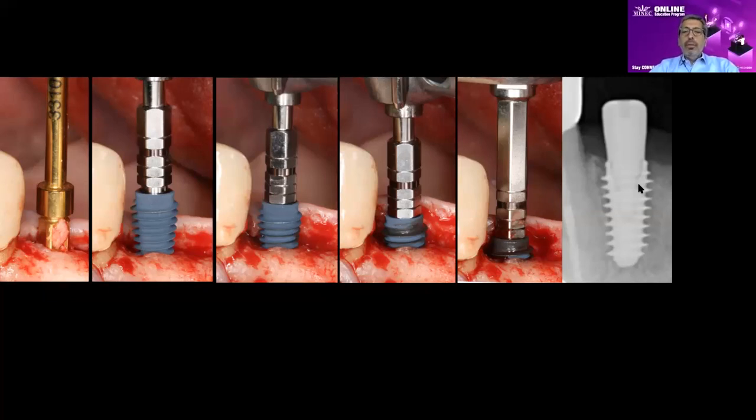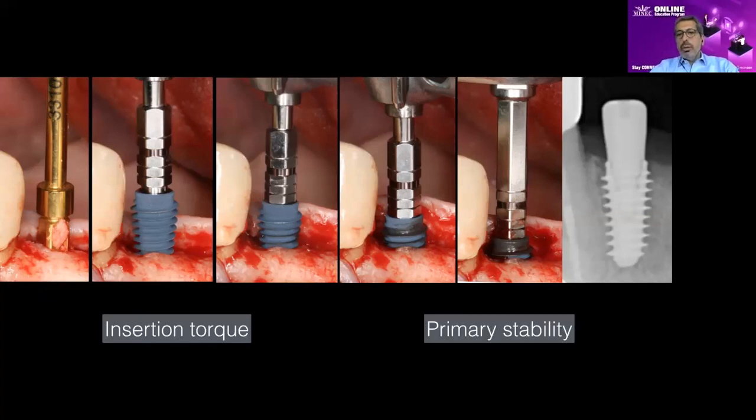Because at that moment, you can appreciate insertion torque, you can appreciate the primary stability of the implant, and this is when you will be able to make the proper decisions regarding loading, and this is also based on the secondary stability that you might expect from these implants.